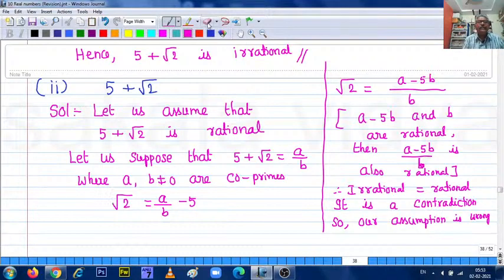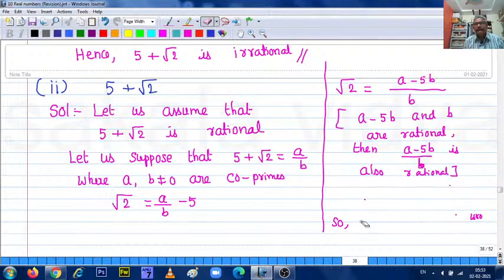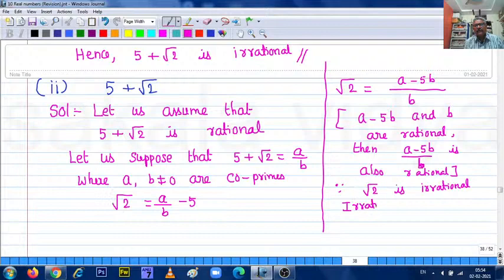Now we need to write one more step also here. I will add like this: since root 2 is irrational, irrational is equal to rational.